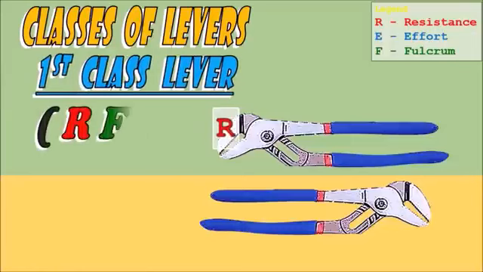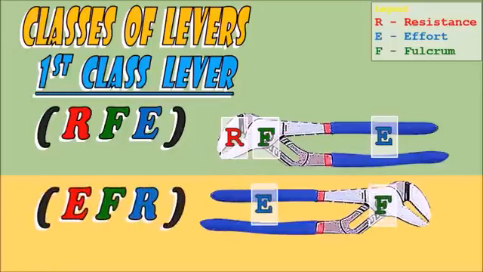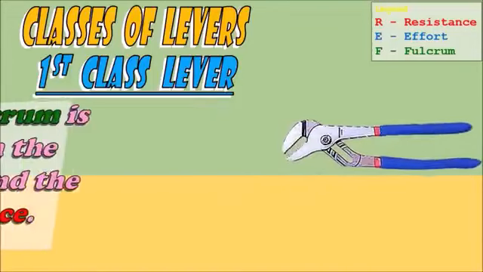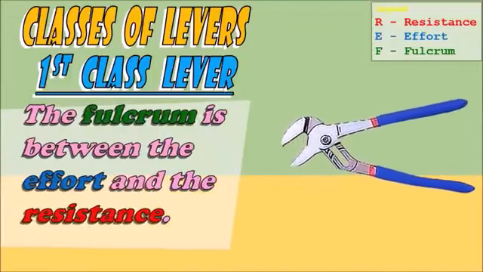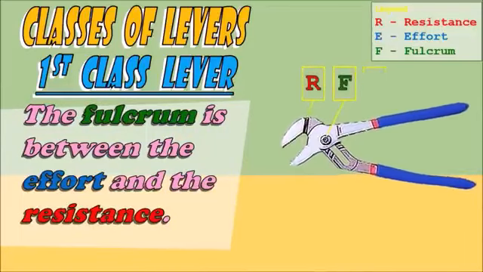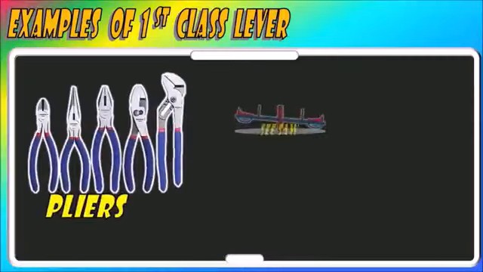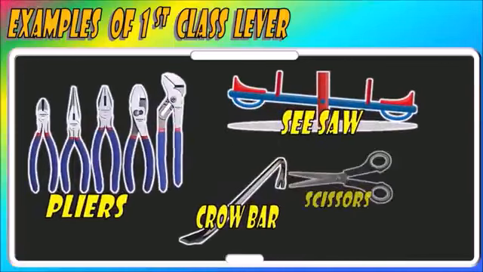The parts placement are resistance, fulcrum, effort, or effort, fulcrum, resistance, depending on how you look at the object. In first class lever, the fulcrum is between the effort and the resistance. Here are the examples of first class lever.